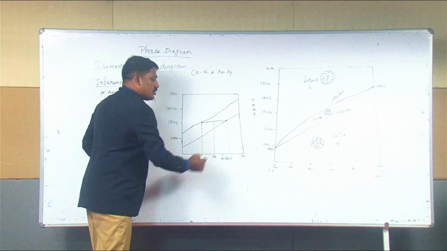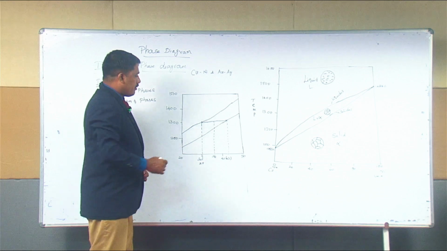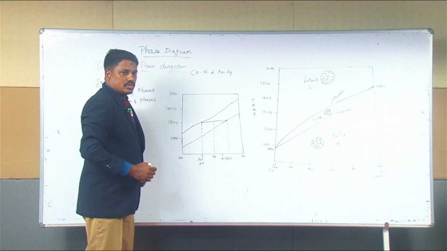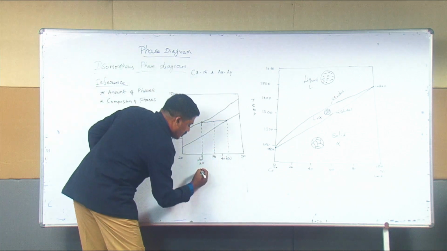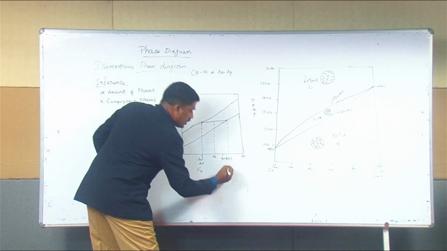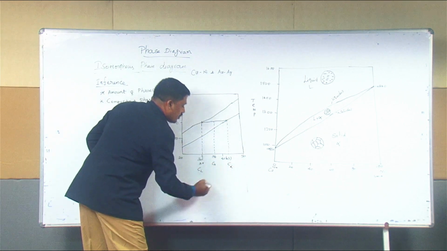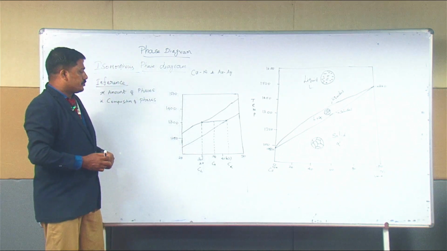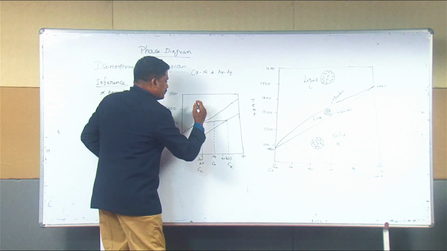At these intersections we draw perpendicular lines to the composition axis. This is CL, the liquid composition, this is the solid composition C alpha, and the overall composition is C naught or CO.